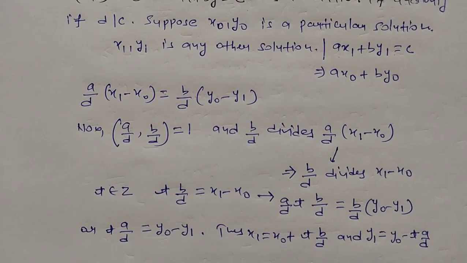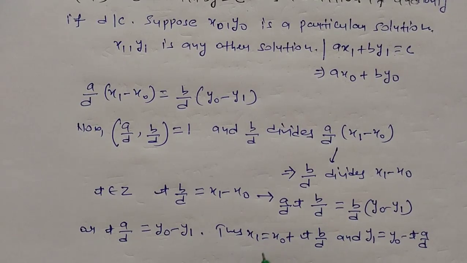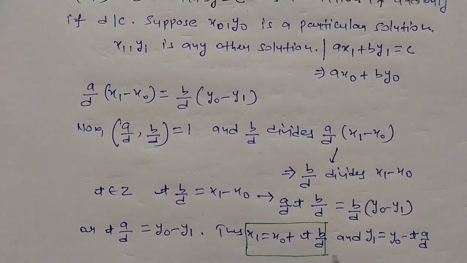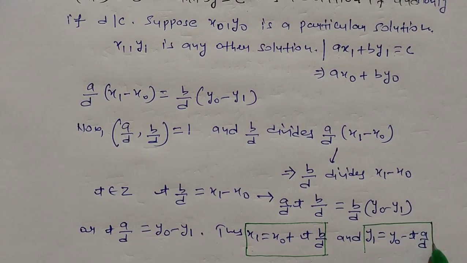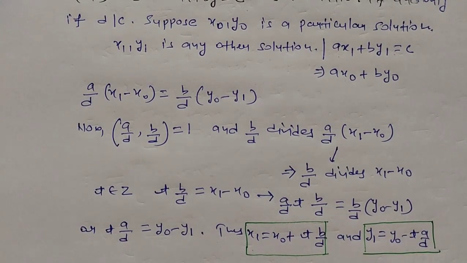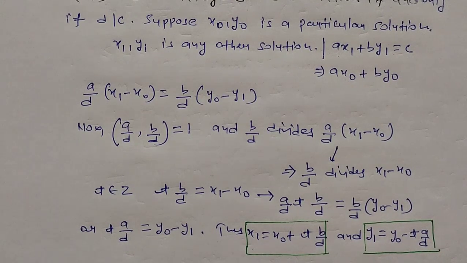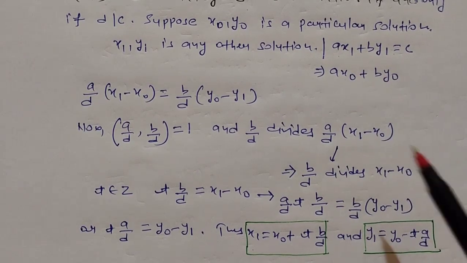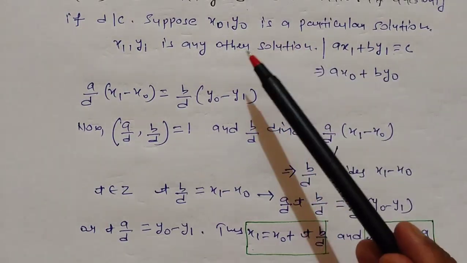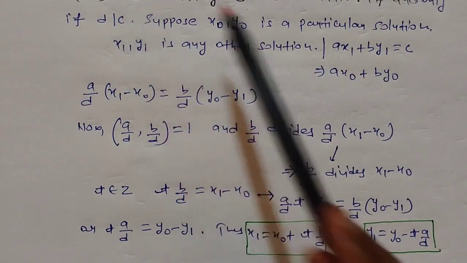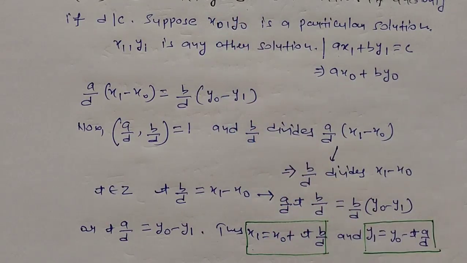So the two values, the first for x1 in terms of x naught, and the second y1 in terms of y naught, we have two values here, you can see, and this is also an important solution while you are discussing the greatest common divisor and the linear equations.